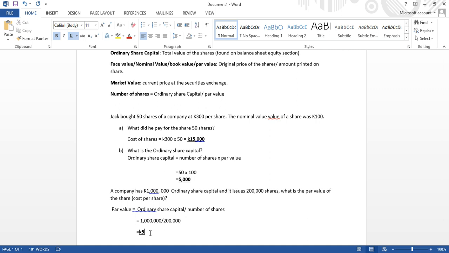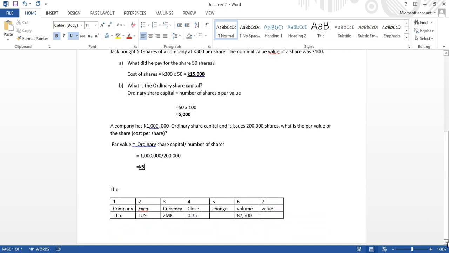So this is the amount printed on each of these shares. Although on the stock exchange the price might be different. That is the market value of the shares, which we're not going to go into detail on. But this is our par value, the cost per share, the book value.